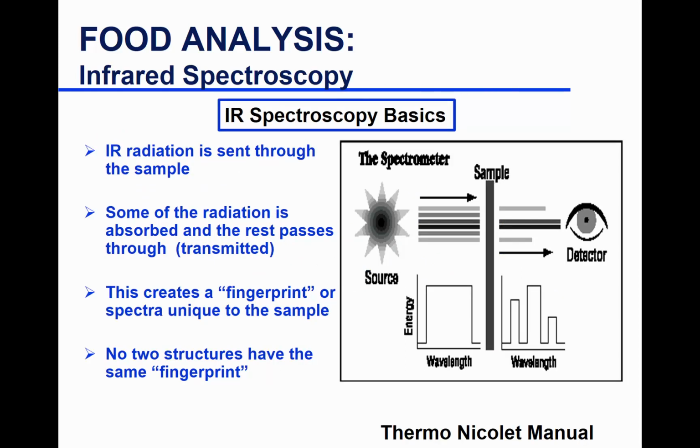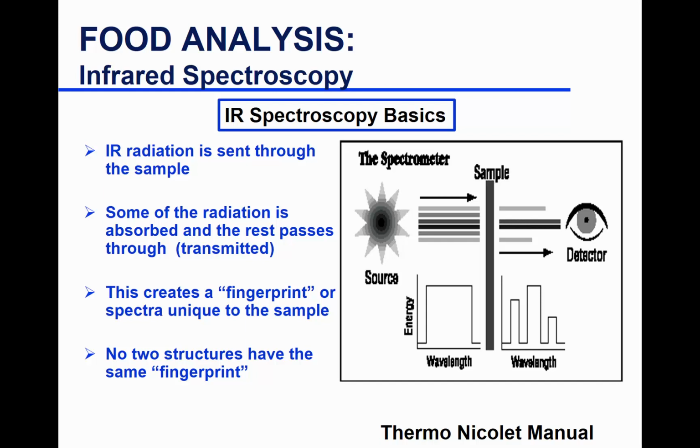So basically, it's similar to any spectroscopy. You have a radiation source, and in this case, it's an IR source. And then the IR radiation hits the sample. If it is a liquid sample, often it is measuring transmission. So some light is absorbed, other is scattered or reflected, and then the remaining light is what is measured in this case.